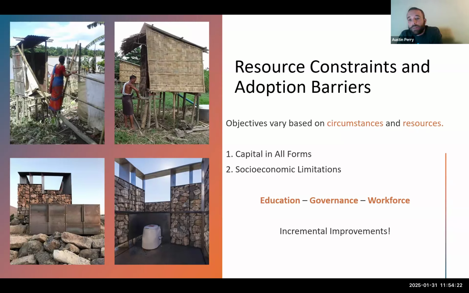And then you have your socioeconomic limitations. These are things like education, governance, and workforce, all things that we're working on. Myself and Dr. Amroun, we're at the University of Miami, so we can do some education. ICC is the standards, and we're having our workforce development program identify where these gaps are in the workforce, so that if and when these standards do get adopted in places that may have never had standards before, we can show them how to develop the workforce that they'll need to support those standards.